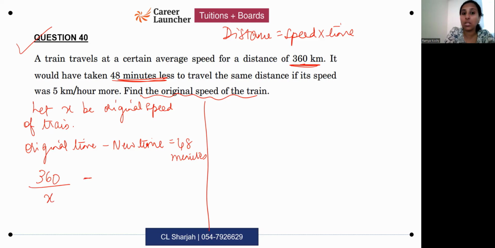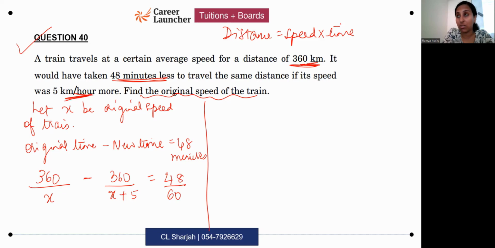New time is 360 divided by x plus 5, because the speed has increased. This is equal to 48 minutes. But look at all the units elsewhere, kilometer per hour. You have to convert to hours, so you need to divide by 60.